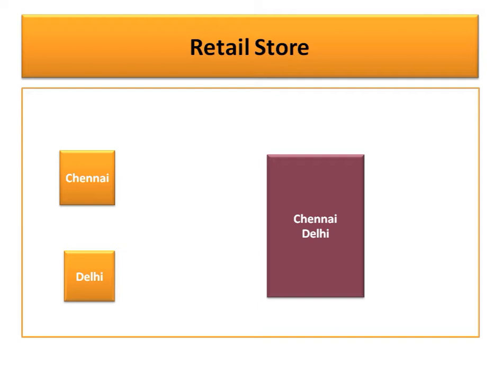That is the major one. Here you can see you have to have both Chennai and Delhi data in a single database. That is done by data movement from Chennai and data movement from Delhi to a single repository.